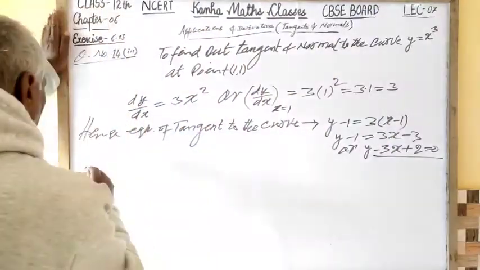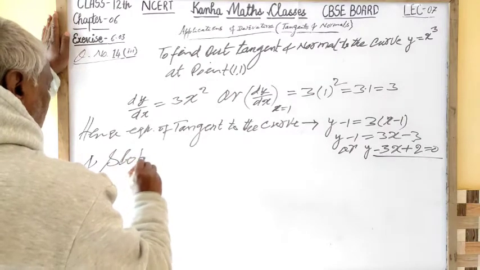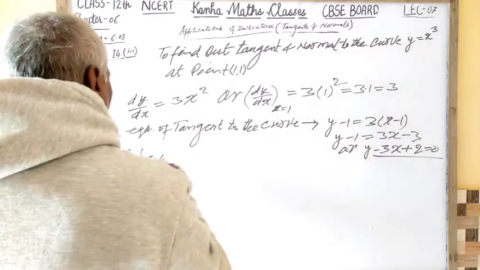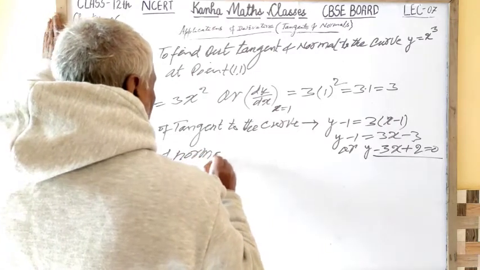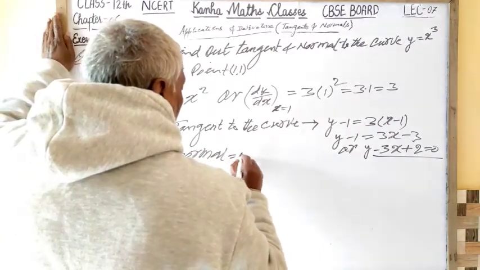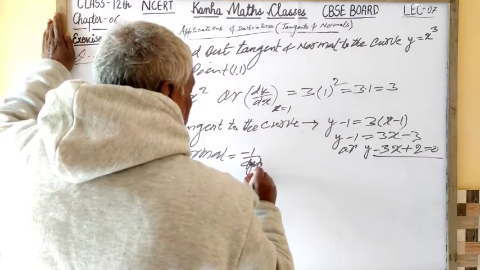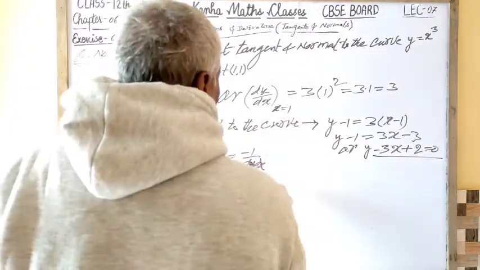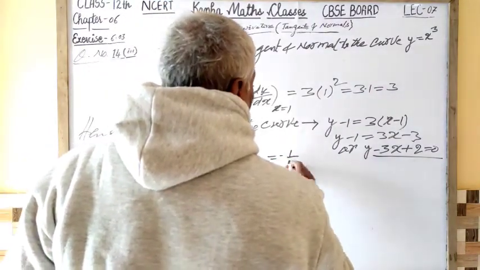And the slope of normal is equal to minus 1 upon dy by dx, that is minus 1 upon 3.